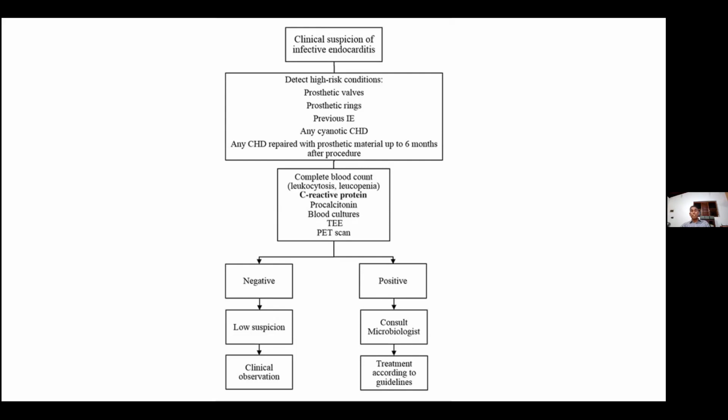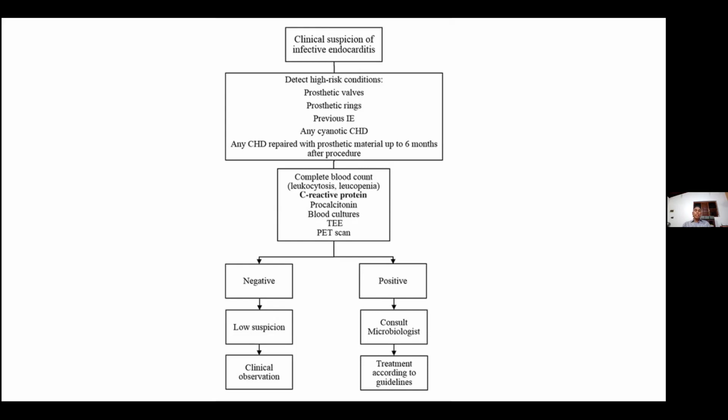You will still see a vegetation, but you don't know whether that vegetation is active or not. Then in that case, the best investigation would be a PET scan to see the active focus. The radiologist will tell you whether the focus is still active and inflamed.